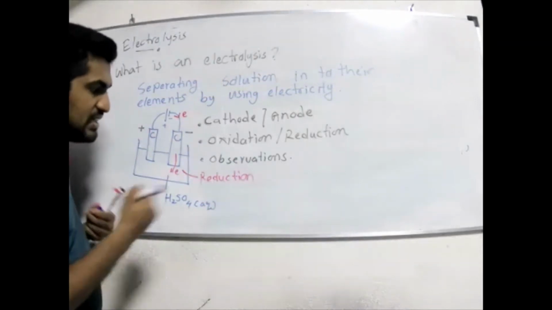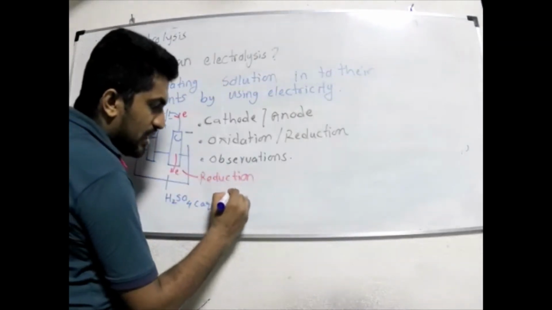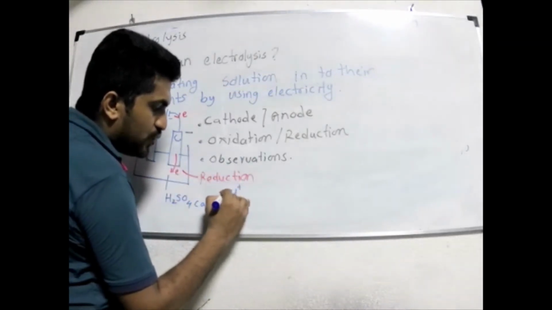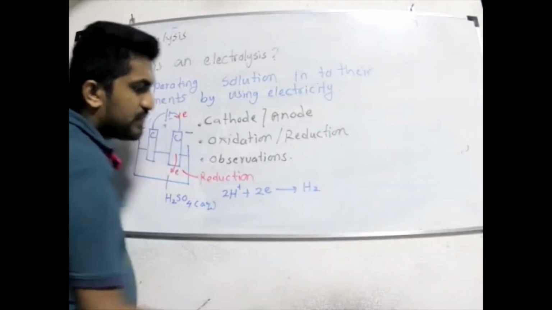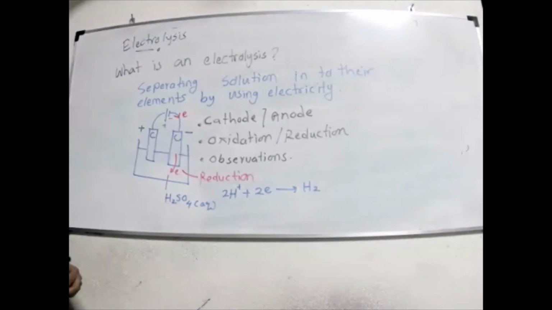What is the cation in the solution? H plus. 2H plus gain 2 electrons and form H2.